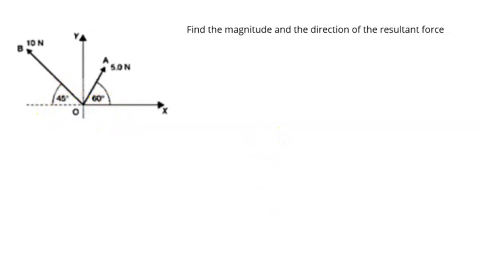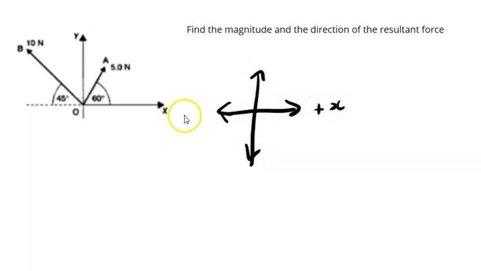Let me remind you of your planes. Let's look at the Cartesian plane. Here x is positive, here x is negative, y is positive, and y is negative here.